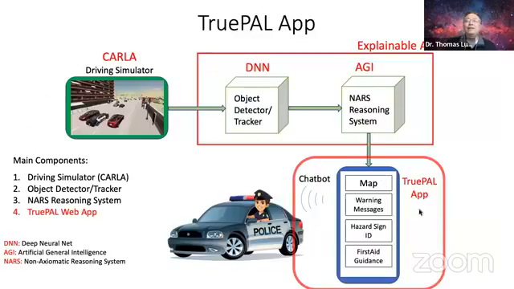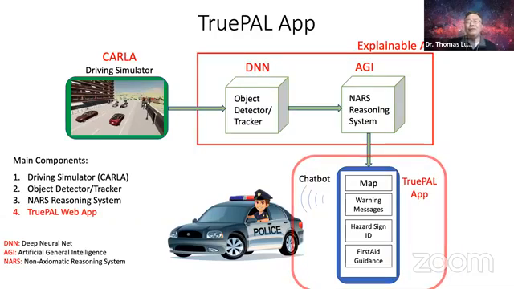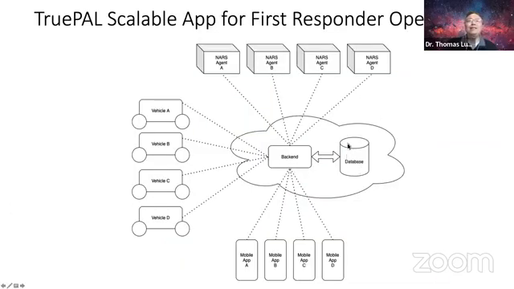Next part is this TruePol app. It's very important to have very good communication with first responders because you only have a few seconds, or even less than a second, to give a warning. So you need really good communication, and also to build trust. Here's the architecture. We have a backend database in the cloud, and then we have NAS agents, which are the first responder agents in the system, let's say in the vehicle or somewhere.